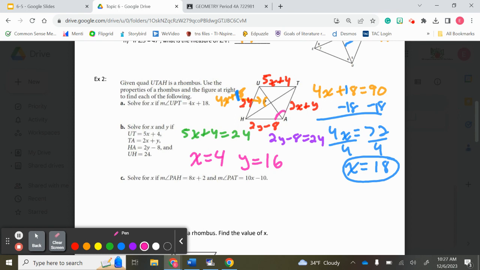We already talked about how these diagonals bisect those opposite angles, so both those angles should be the same. They're equal to each other. So it's going to be 8x plus 2 equals 10x minus 10. Someone tell me, what do you get for x here? Yeah, 6. Nice job.